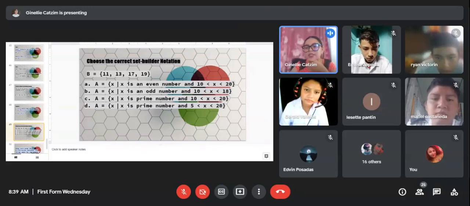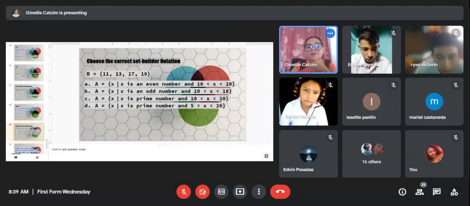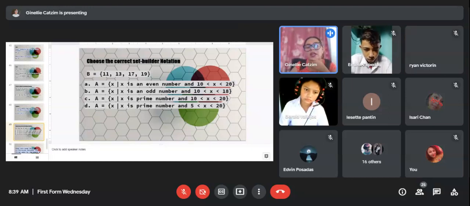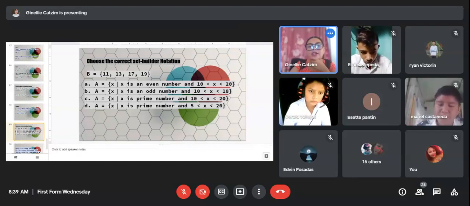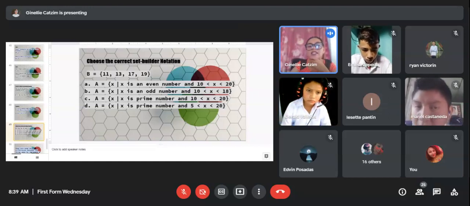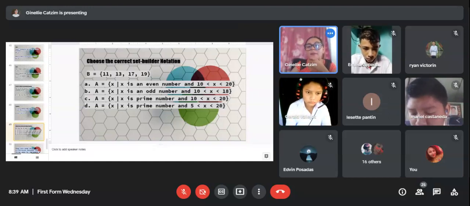I see B's. B says A equals x, where x is a natural number, and x is greater than 10 but less than 18. This is what B is saying.